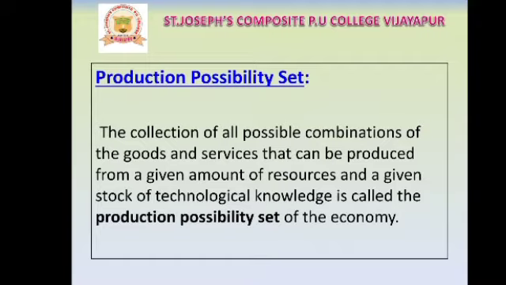Dear students, the production possibility frontier is a graphical representation. The production possibility set is the bundle of all possible combinations of goods and services that can be produced in the economy by using the resources as well as the technology. So that is called the production possibility set.